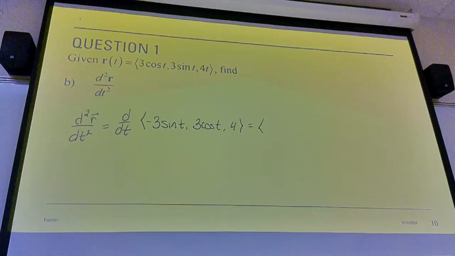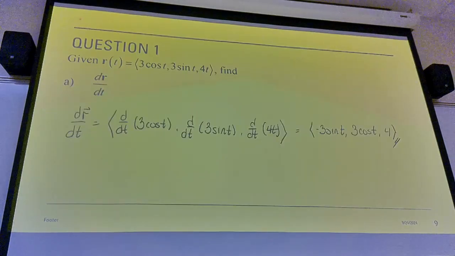Negative 3 cosine t, negative 3 sine t, 0. It's your second derivative. Let's say r represents position. What's that? What's that? Oh dear.